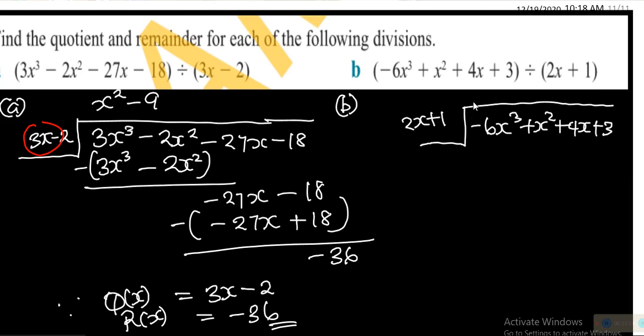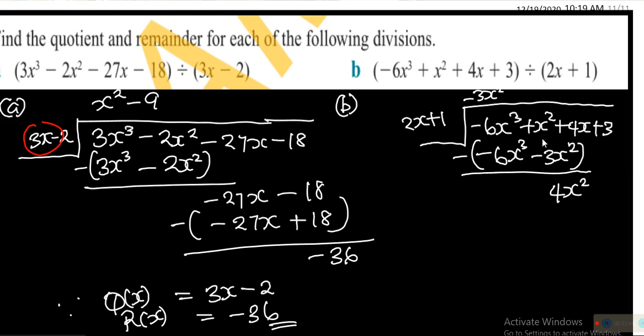So if we divide this, guys, 2x into minus 6x cubed, we have minus 3x squared. So if we multiply, we have minus 6x cubed minus 3x squared, and then subtract to give us 4x squared. Minus times minus is plus, or 3 plus 1, we have 4x squared, so we can bring down 4x. So 2x into 4x squared, we have plus 2x.